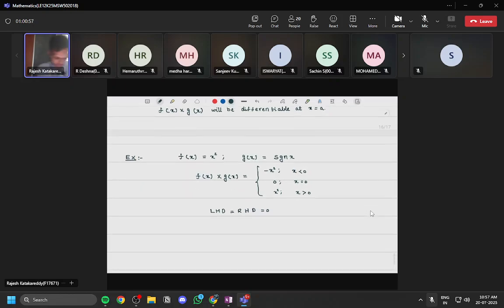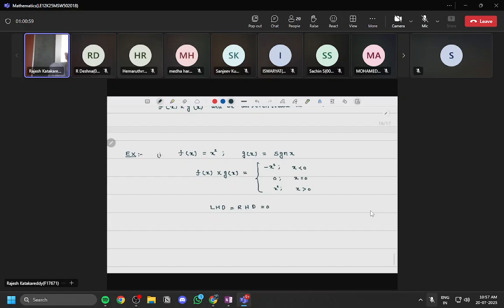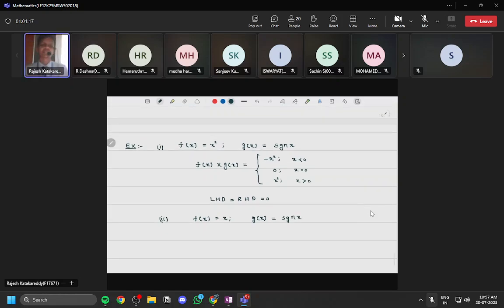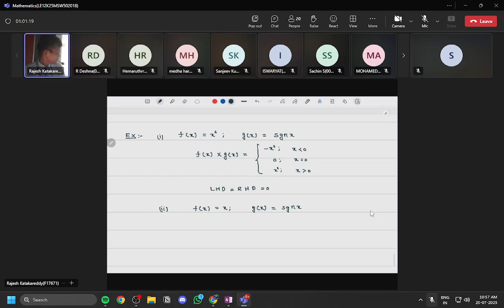Again, we can also have an example where f of x is x and g of x is signum of x, which is differentiable times discontinuous at 0.